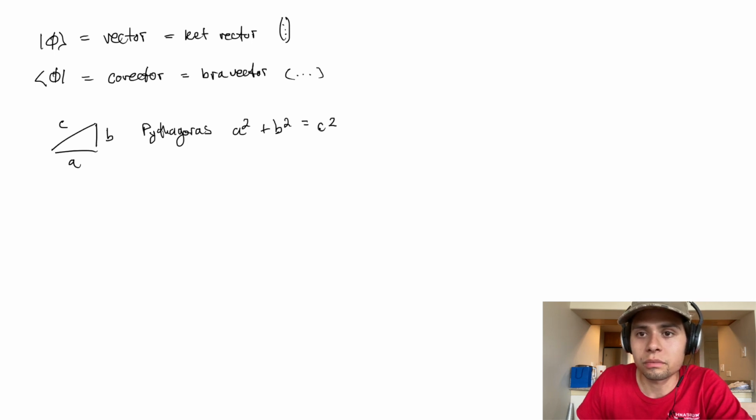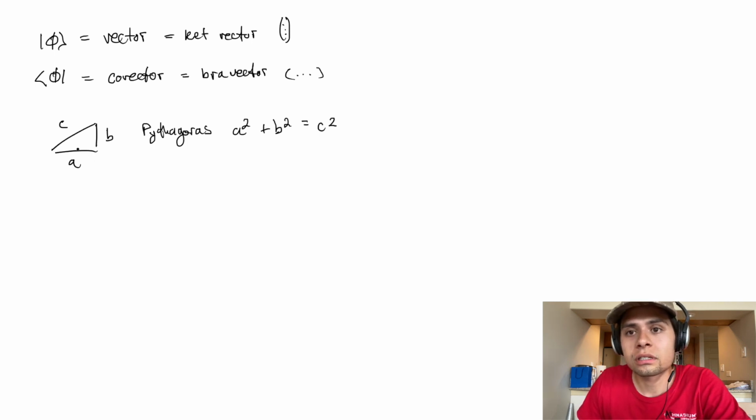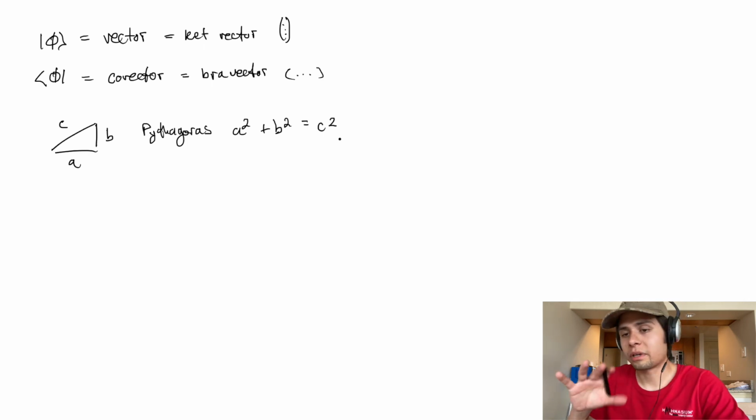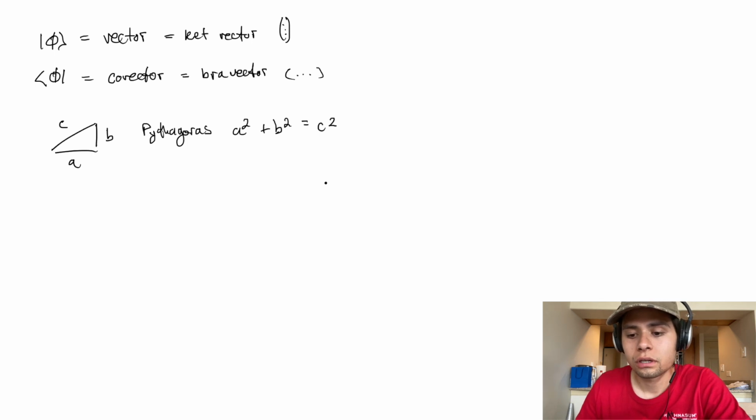So whenever we do this squaring process, we want to begin to think that we might be dealing with something invariant. This is something that doesn't change under any coordinate transformations. We could think of A and B as coordinates. And so when we square everything, we get this object again that doesn't change with respect to any change in the coordinates.